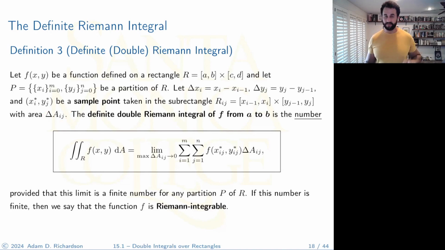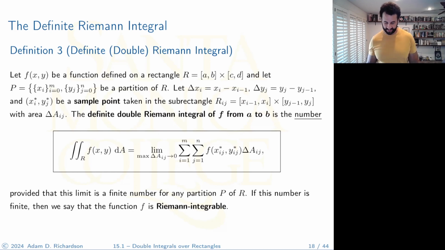Then the definite double Riemann integral of f over R, it's a mouthful, is the number given by this symbol: the double integral over R of f of x comma y dA. It's basically taking the limit as the largest subrectangle goes to 0 in area, because remember, it doesn't have to be a uniform partition.